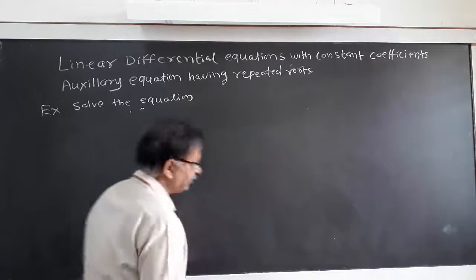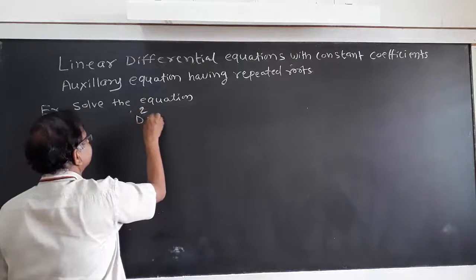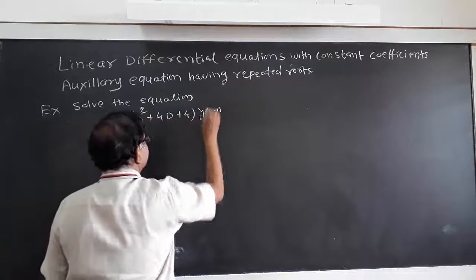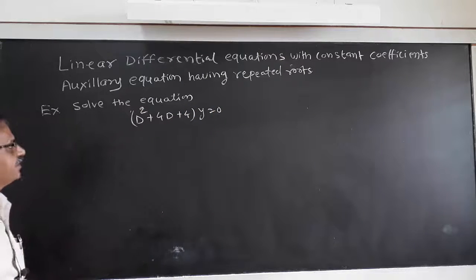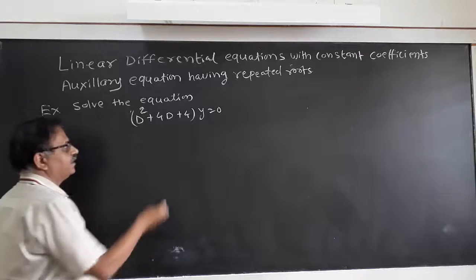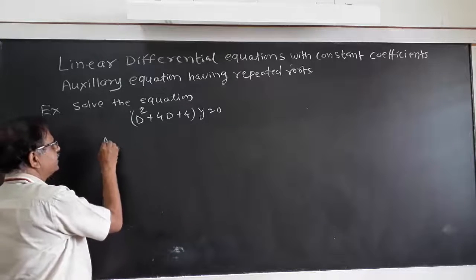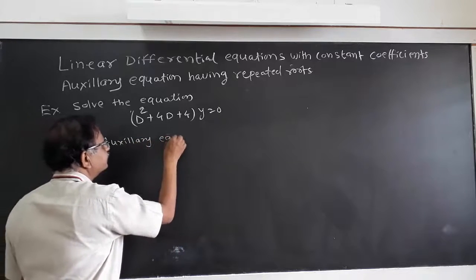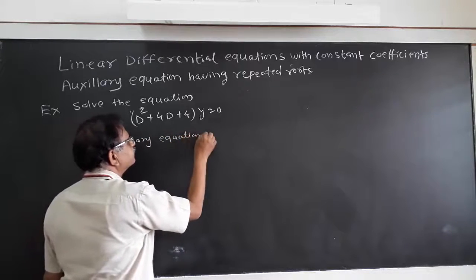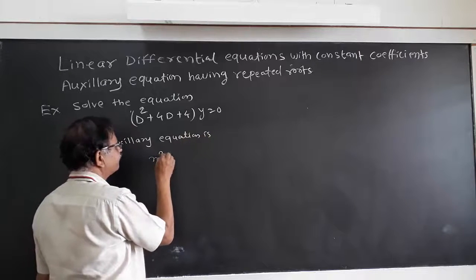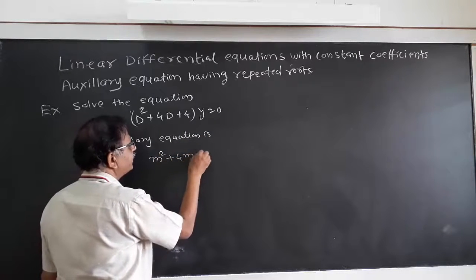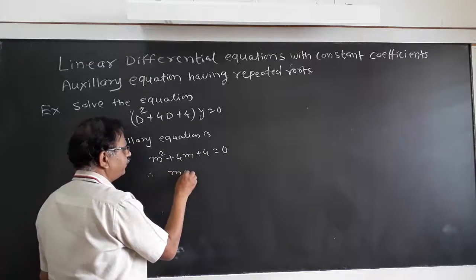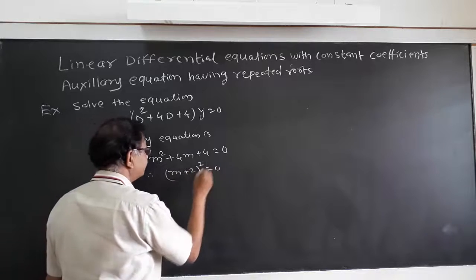Our problem is to solve the equation d square plus 4d plus 4, y equal to 0. We shall write the auxiliary equation. Auxiliary equation is m square plus 4m plus 4 equal to 0, which is nothing but m plus 2 whole square equal to 0.